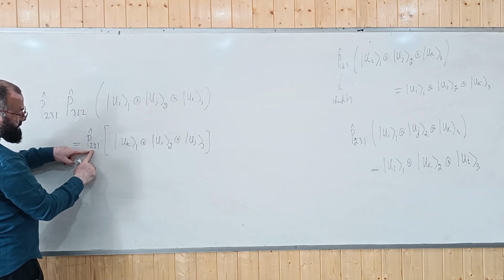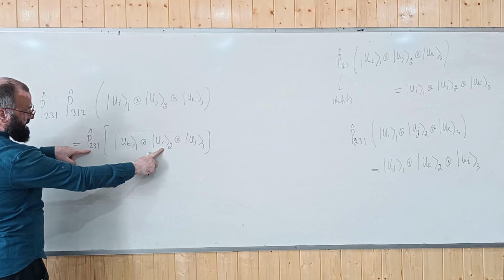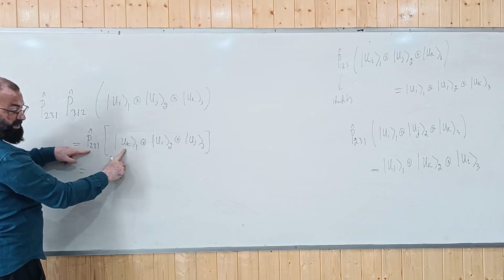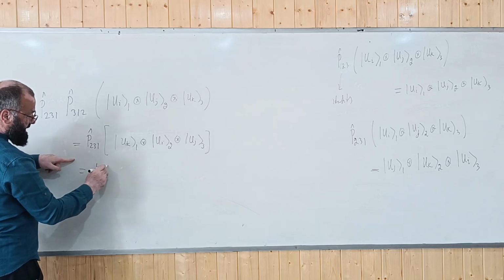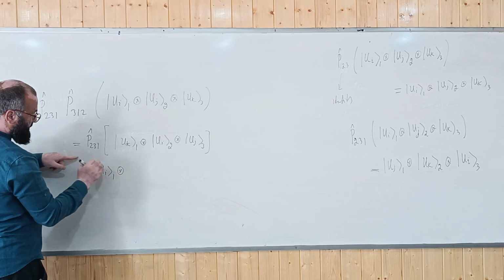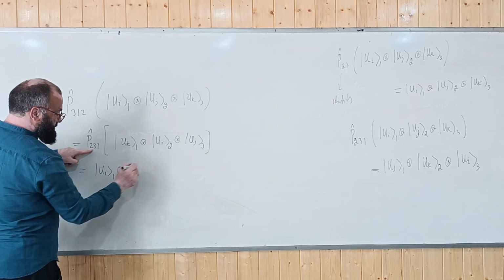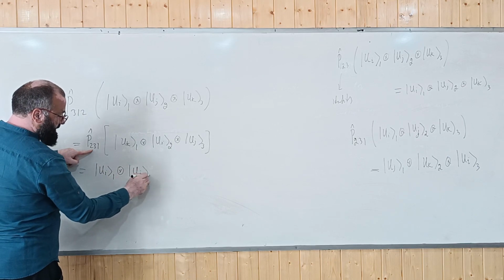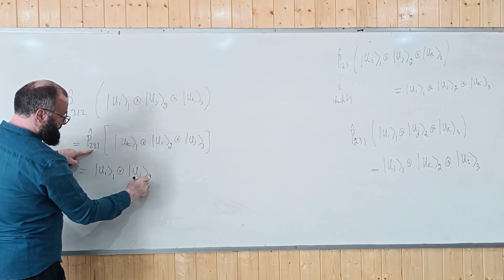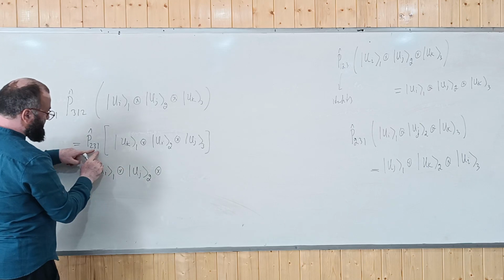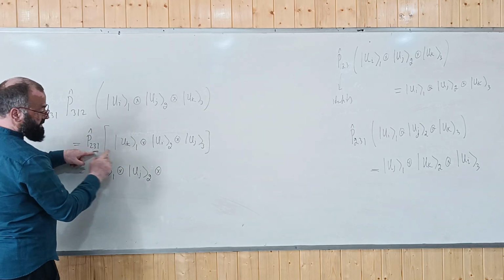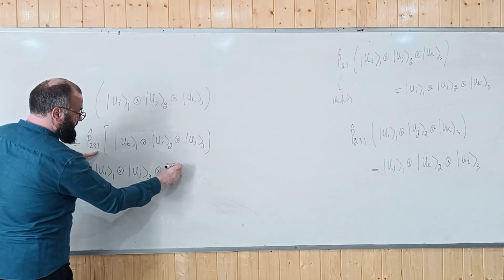Now let's apply the other operation. You take the state at the second place and bring it to the first place, so it is ui at the first place. Now what you have at the third place, you bring to the second place, so it is uj. And what is at the first place, you bring to the third place, so it is uk.